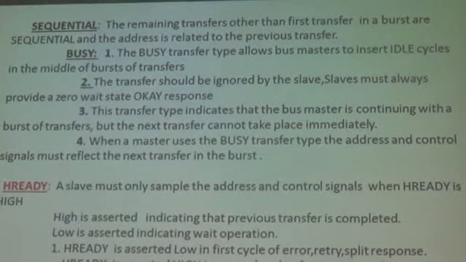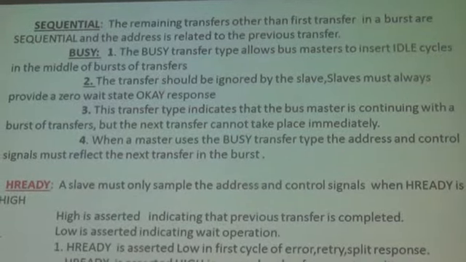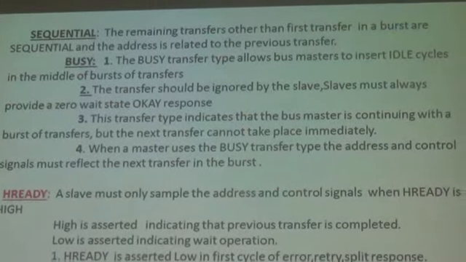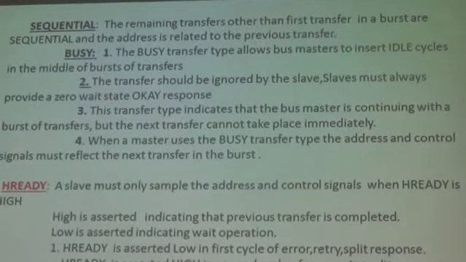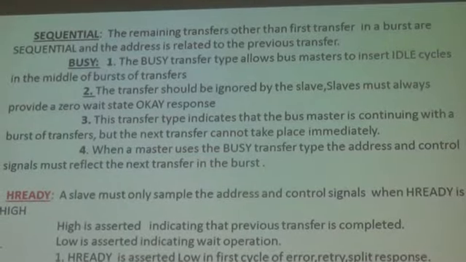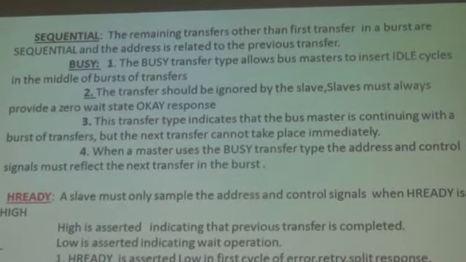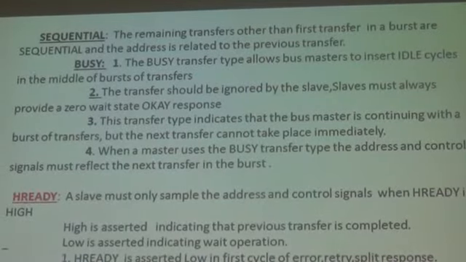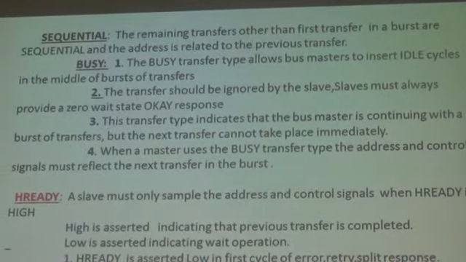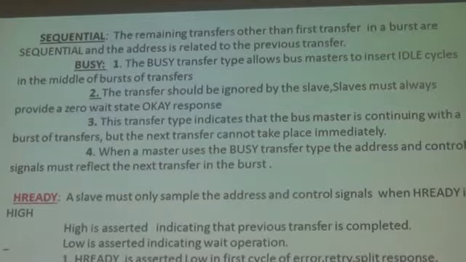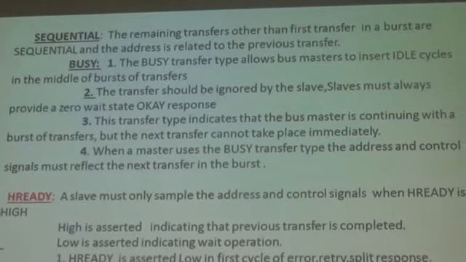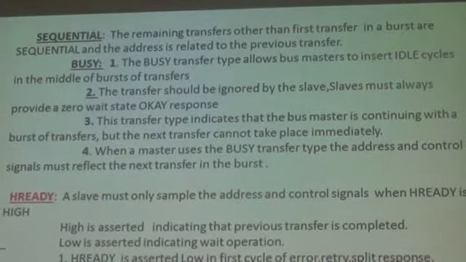For example, there are 4 transfers in the burst, which are happening sequentially. So there is transfer 1, transfer 2, transfer 3 and transfer 4. After transfer 1 has completed and after transfer 2 has completed, my HTRANS is changed to busy.